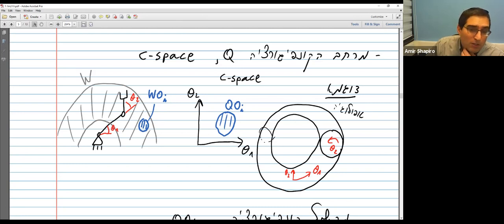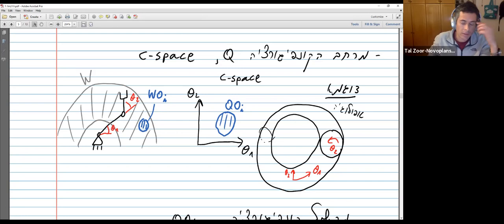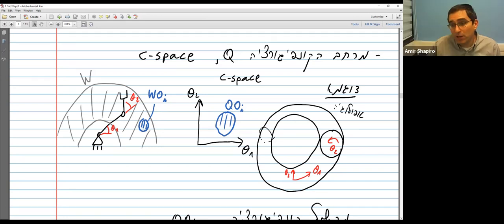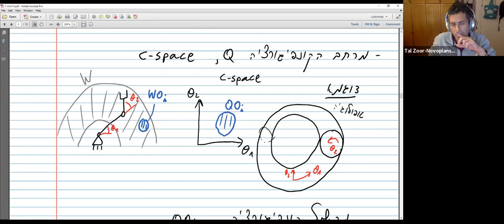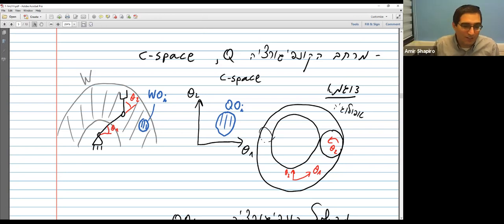It's a kind of topology, how to see it, because this is a cyclic coordinate. So the hole in the middle is the obstacle space? No, the hole in the middle is nothing. There is nothing there because I can change only theta1 and theta2. I can go only on the boundaries of this torus.